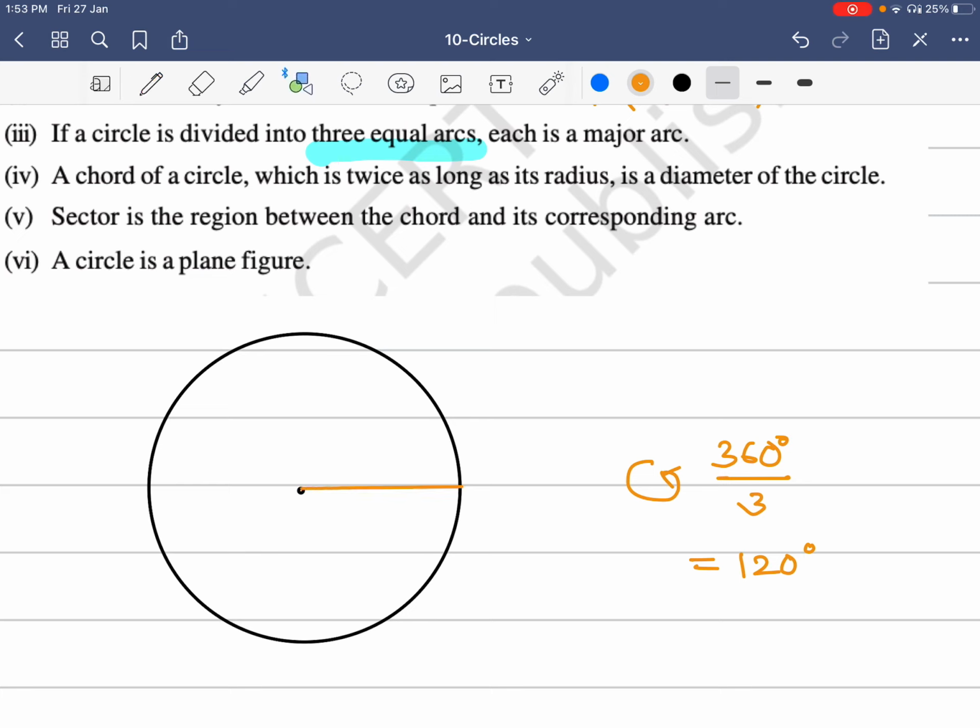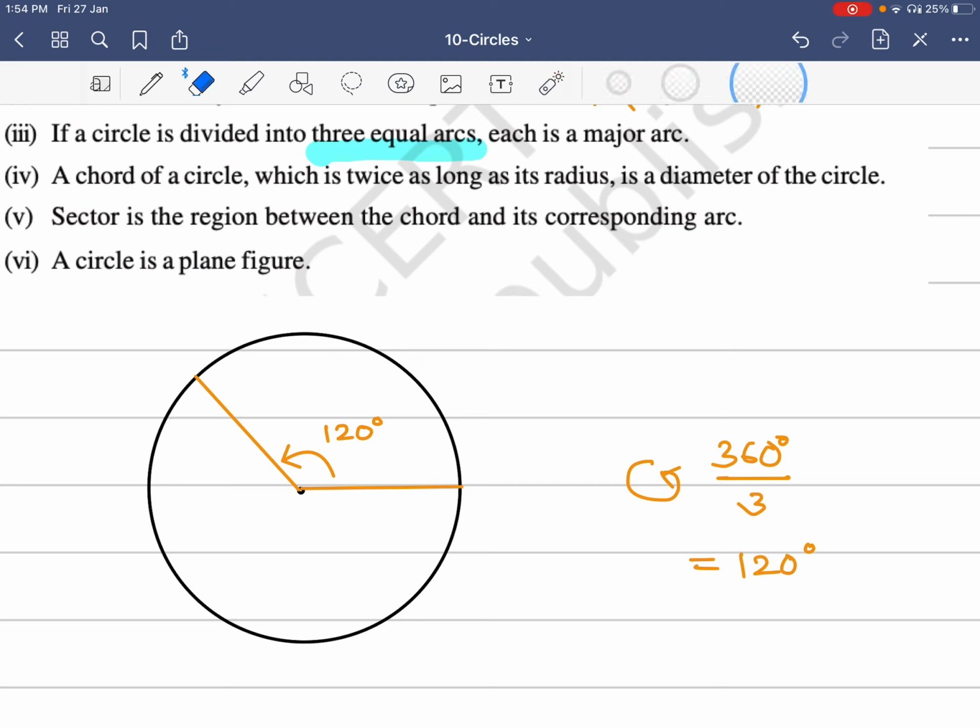This is 180 degrees, so 120 will be a little bit less than that. Something like this. So this is our 120 degrees. Now this part is remaining, and this also has to be 120 degrees.